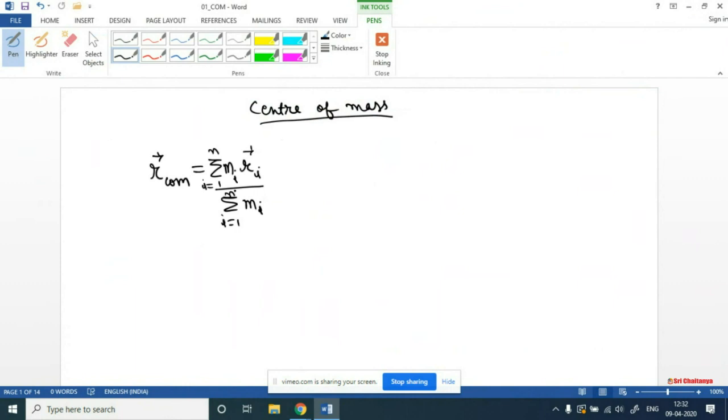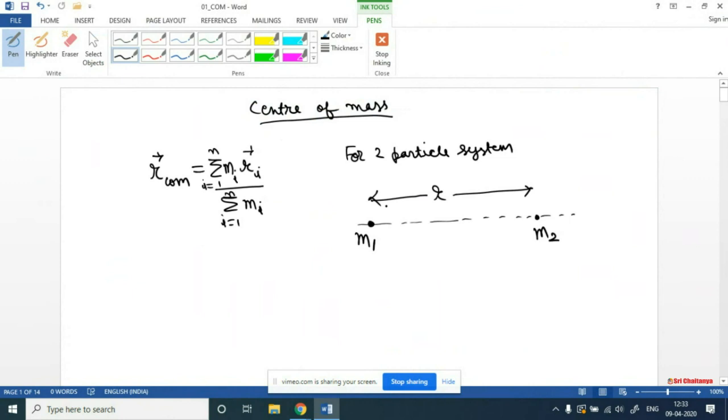Most of the time we are using a two particle system, so it is very beneficial to discuss that special case and look closely into that expression. For a two particle system, let's say one particle is m1 over here and m2 is here, and the distance between these two particles is r.